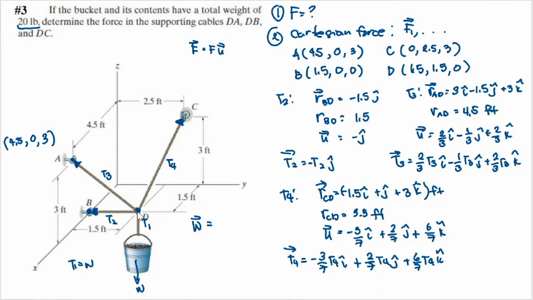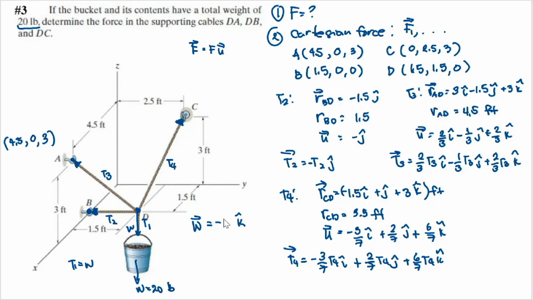Kasi since it's directly downward, papunta siya dito, sulat natin. This is the weight. Ang direction niyan is negative k hat. Pero since meron na siyang magnitude, weight is equal to 20 pound. So nakalagay dyan 20 pound.